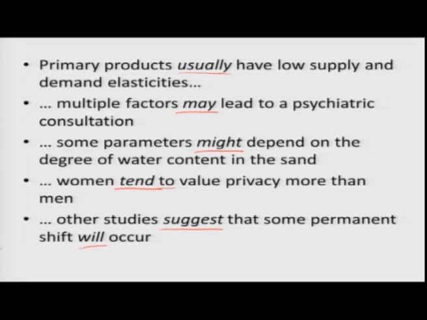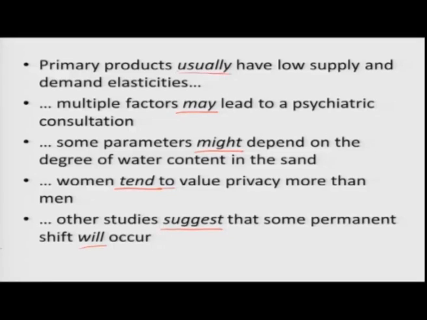Now, let us look at these contexts and see what difference they have brought in. Looking at the first sentence, if you simply say primary products have low supply and demand elasticities, this is a strong claim. It is applicable in all circumstances, but you do not want to make such a broad, very general claim, because it is easy for others to point out some data, some evidence which contradicts this.